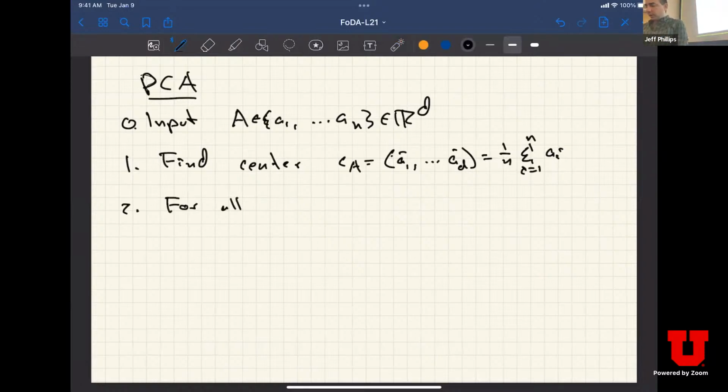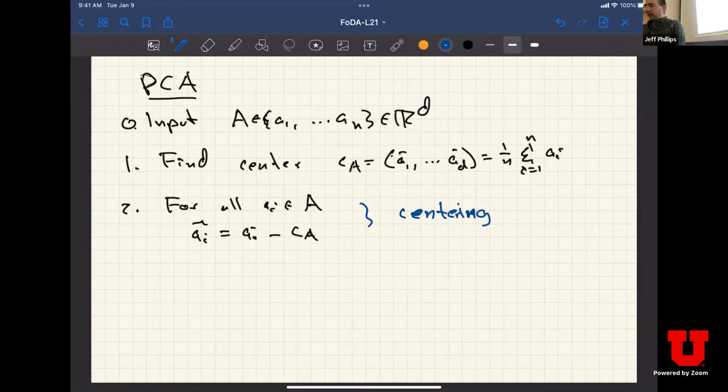Two, for all Ai in A, I'm going to create Ai tilde, which is Ai minus C of A. This step is called centering.